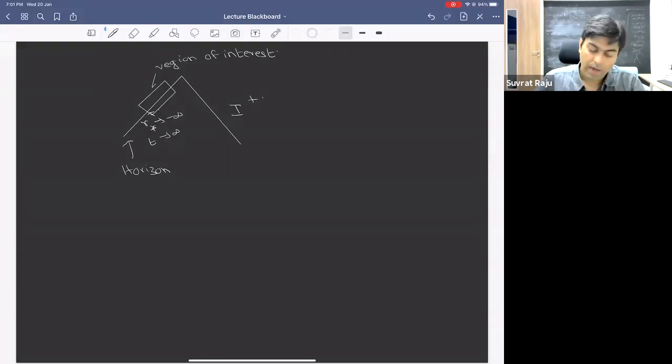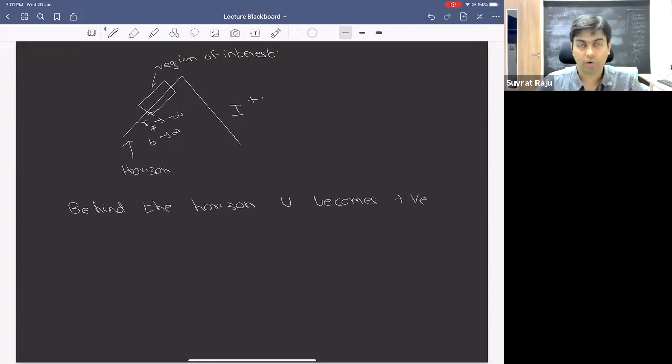Okay. Now, behind the horizon, u becomes positive. So one can actually set up another copy of these Schwarzschild coordinates so that one can also write the region behind the horizon in terms of the Schwarzschild coordinates.